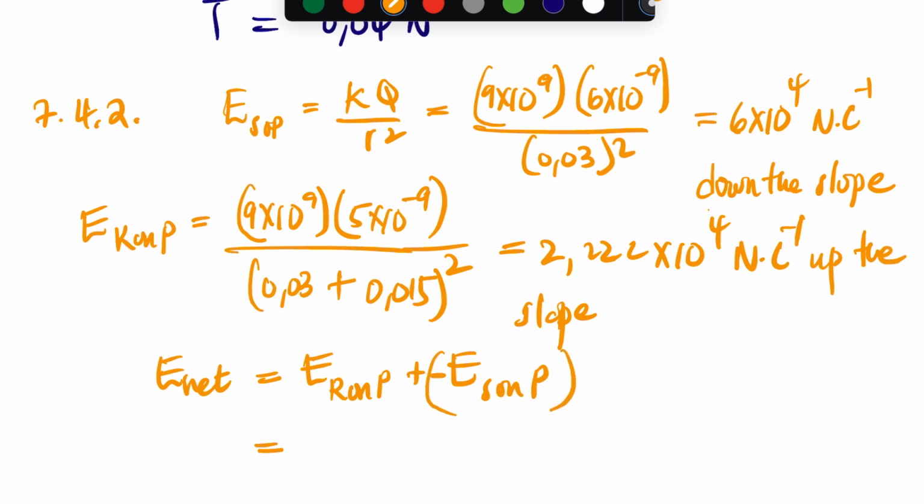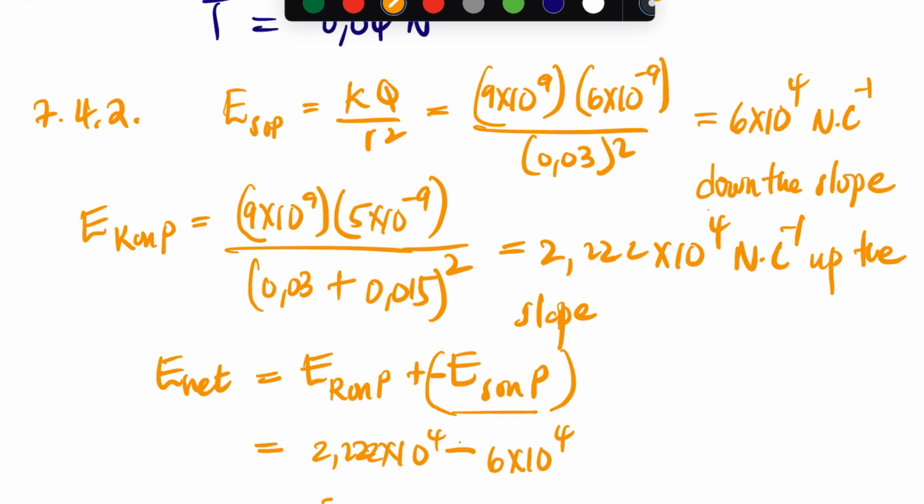So let's substitute the values: 2.22 times 10 to the power 4 minus 6 times 10 to the power 4.